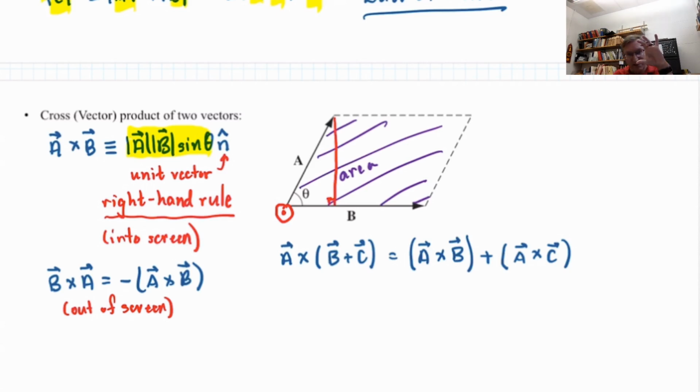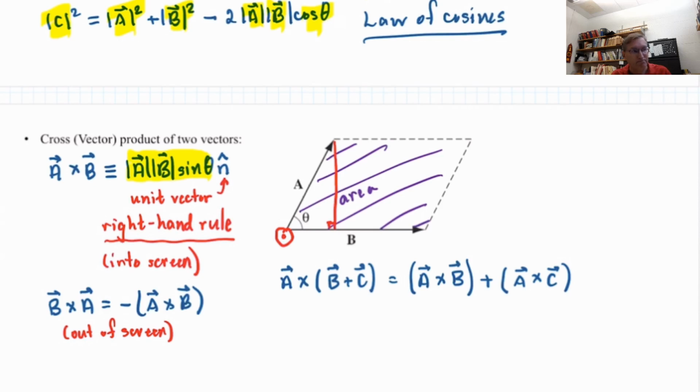Take the base times the altitude or height. So that's geometrically what the magnitude of A cross B is. It's the size of the area of the parallelogram formed by A and B.